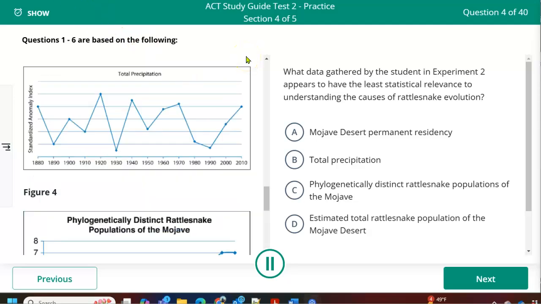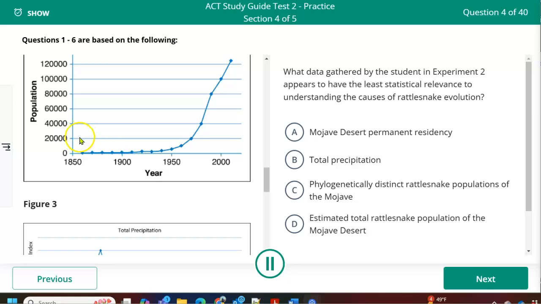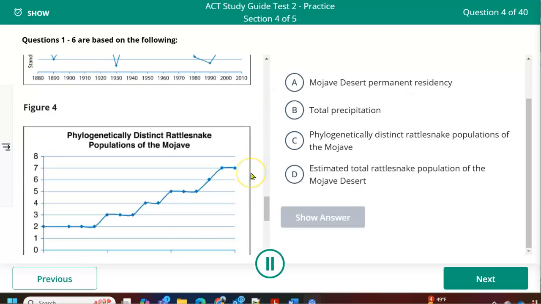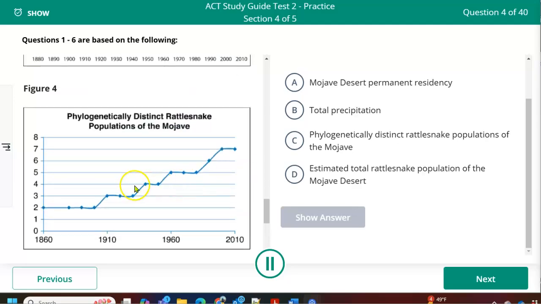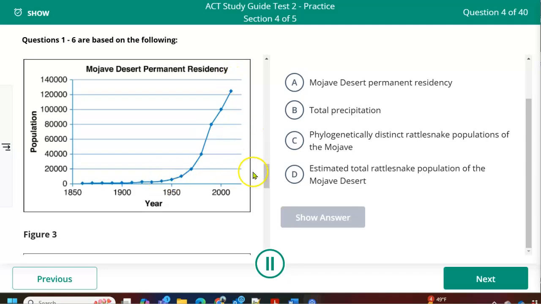What data gathered by the student in experiment 2 appears to have the least statistical relevance to understanding the causes of rattlesnake evolution? Okay, we got this one. Mojave Desert permanent residency. Where is that? Okay, well, there's a definite trend to that. It seems to be inverse. Well, wait. The causes of rattlesnake evolution. Actually, as that went up, the number of distinct populations also went up. So that does seem to be correlated.